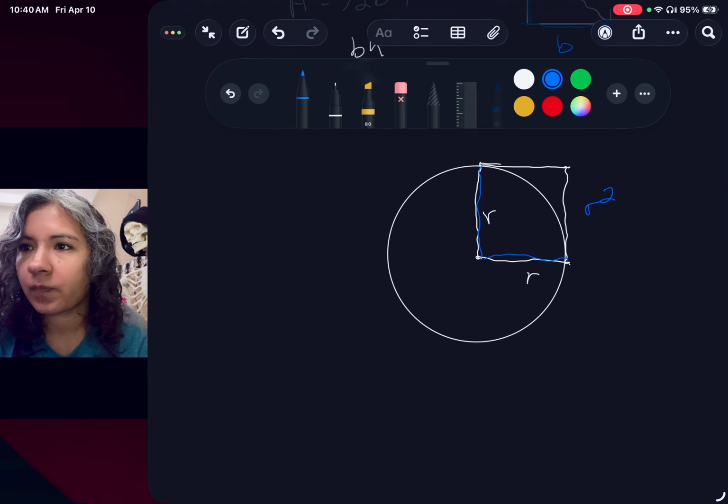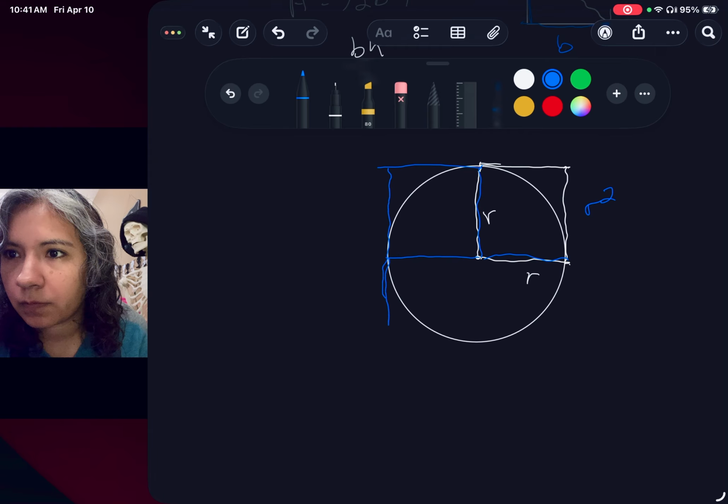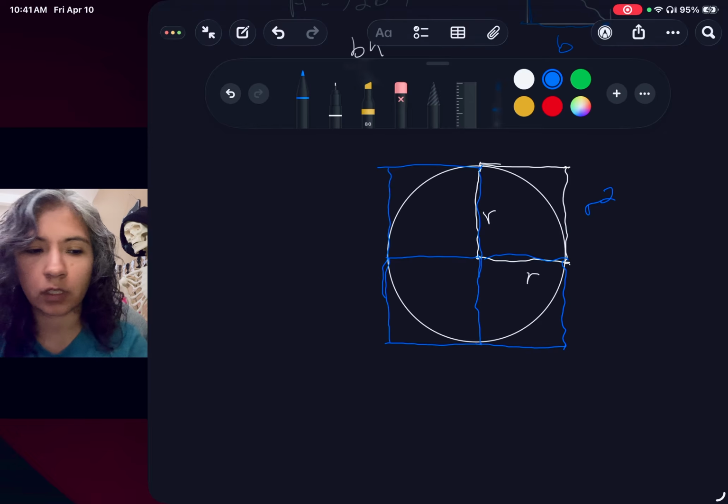So we split this up into 4 squares, right? The circle fits inside of the larger square.